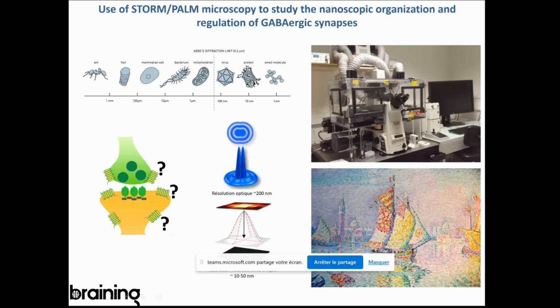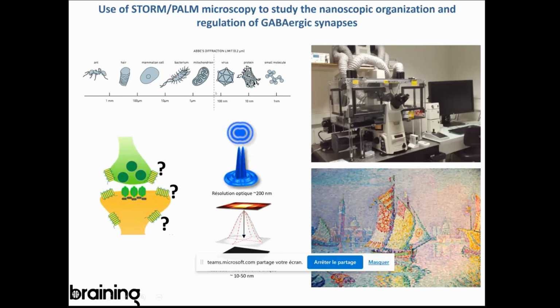So this is our setup in the lab. This is an important method that obtained the Nobel Prize in 2014, and which is really helping researchers look at the organization of molecules within very tiny environments like the synapse. As I mentioned in my introduction, it's the only possibility to see nanodomains in the synapse, because these nanodomains are between 50 and 100 nanometers.